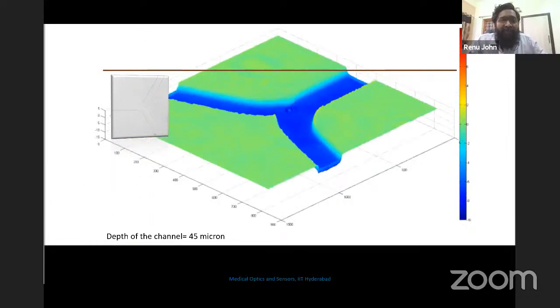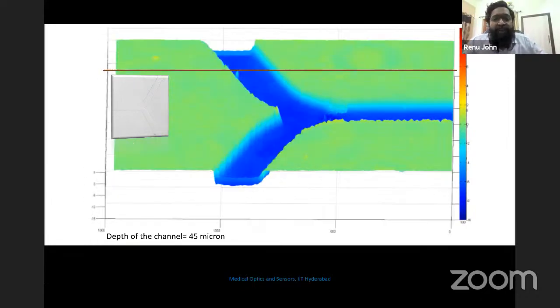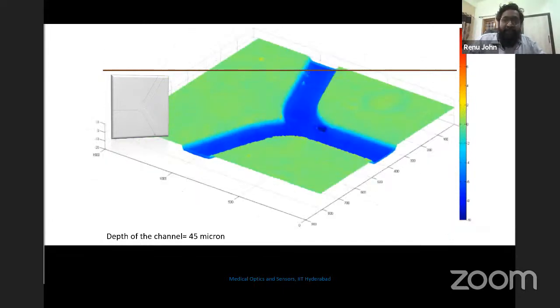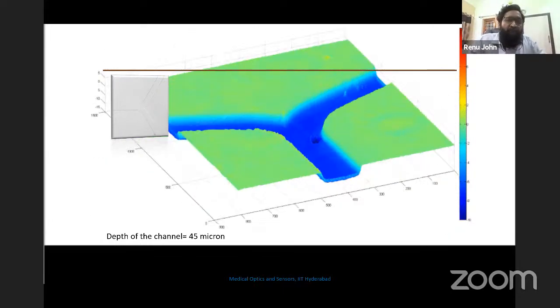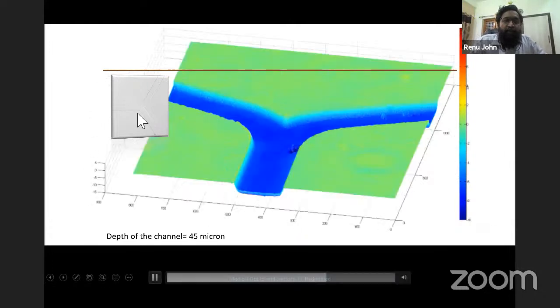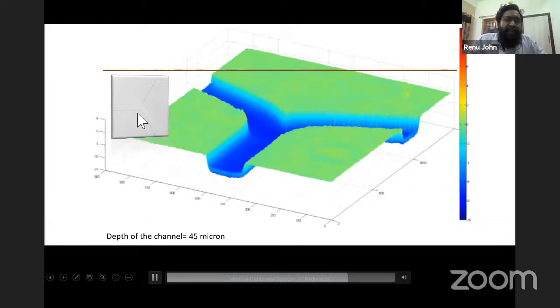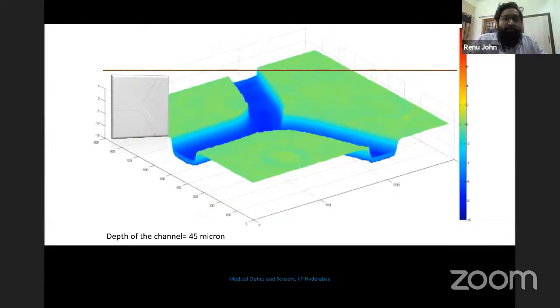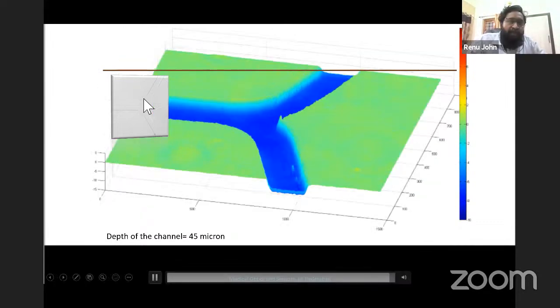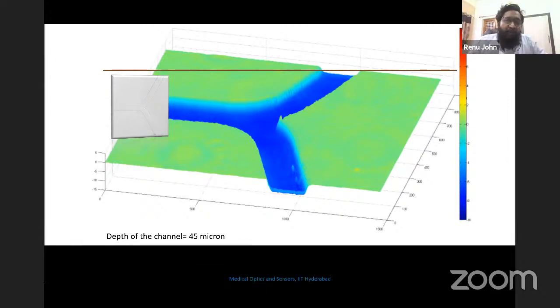The beauty of a hologram is that you can see the amplitude, depth, and thickness of everything in all different directions. What you see in the small window is the actual image of the channel under a regular microscope, which has maybe 10x or 20x magnification. And what you see in the holographic reconstruction is the channel in its three-dimensional look.